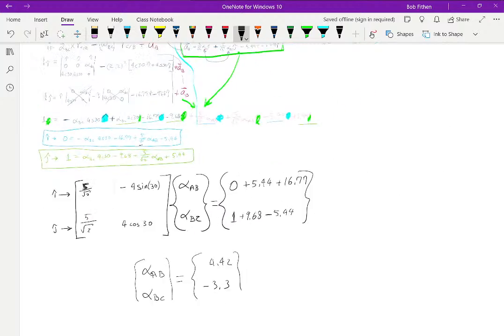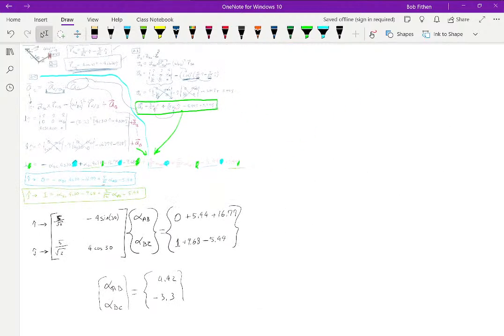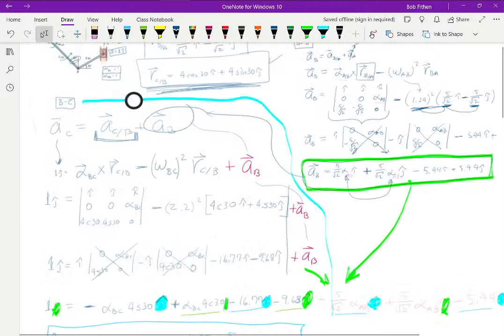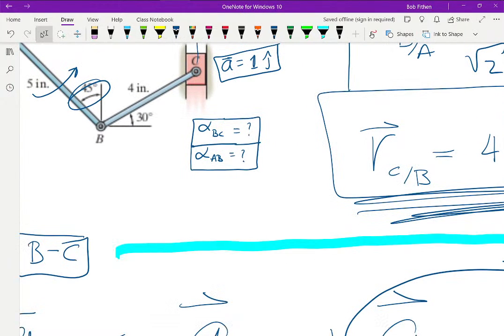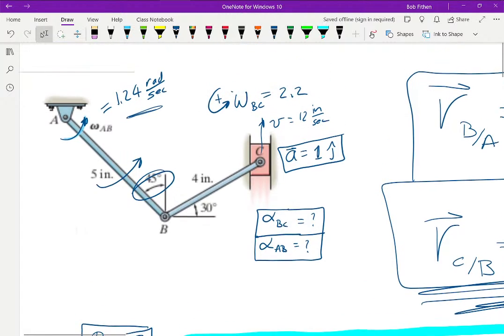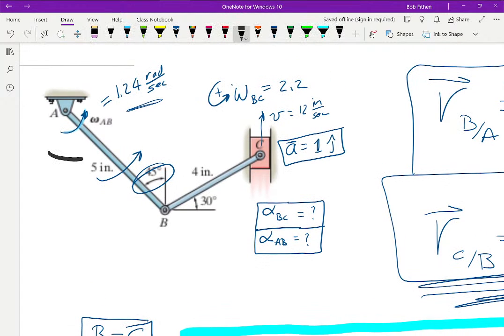So what does that mean? Alpha AB being 4.42 means that this link is accelerating in that direction.